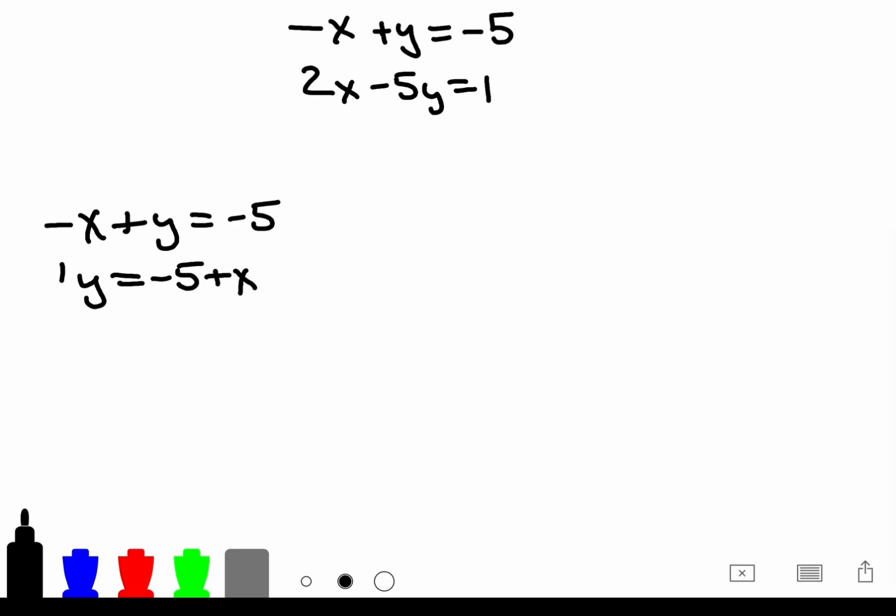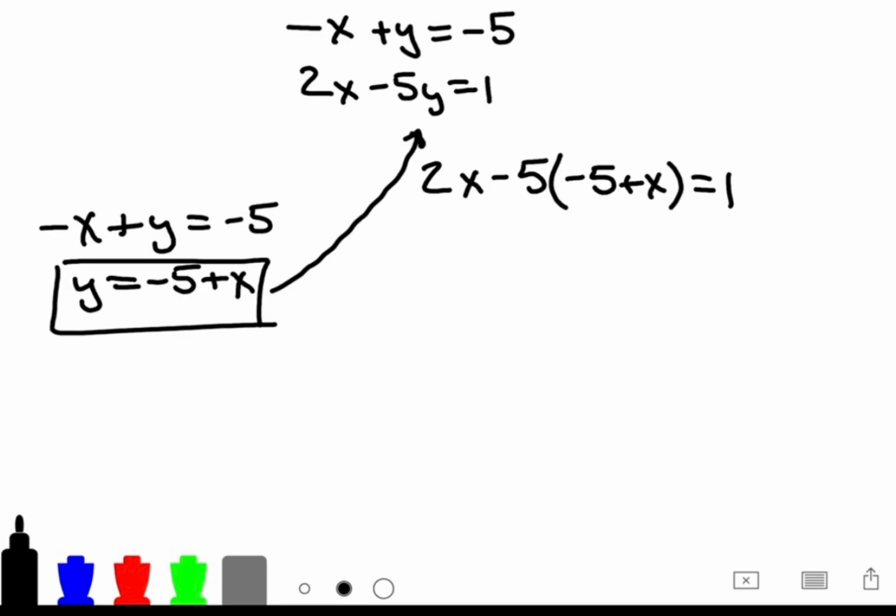With this new equation that I have boxed, I can substitute it into the other equation. So the new equation is 2x minus 5, and instead of y it's negative 5 plus x, equal to 1.